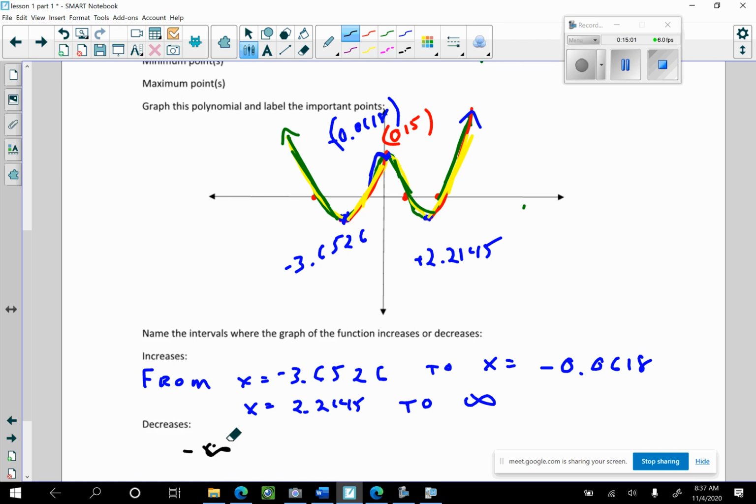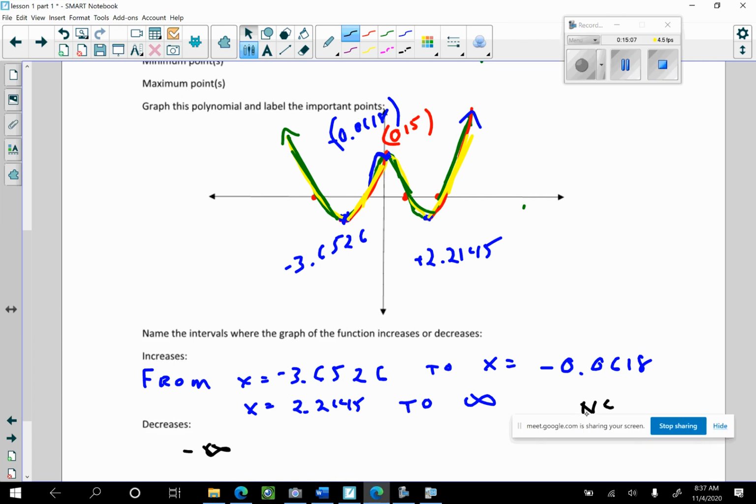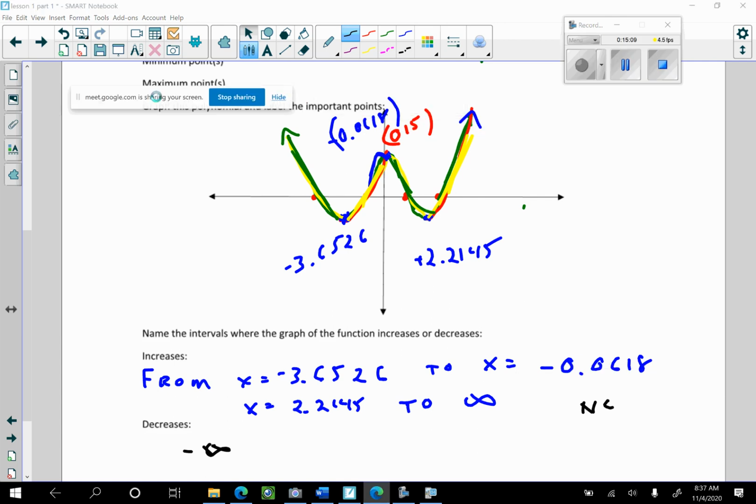So it decreases from negative infinity, and you can't say from x equals infinity. No, you cannot say x equals infinity. You just have to say from some x value to infinity.